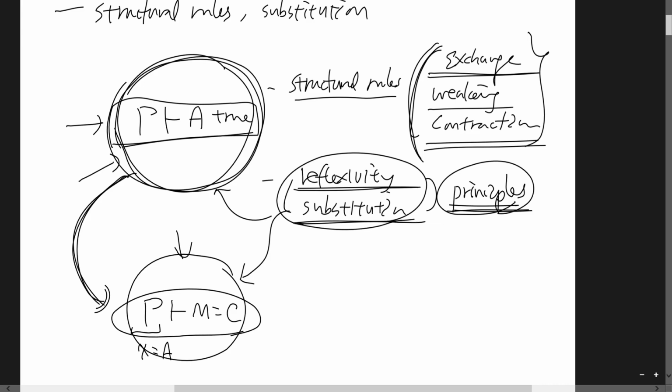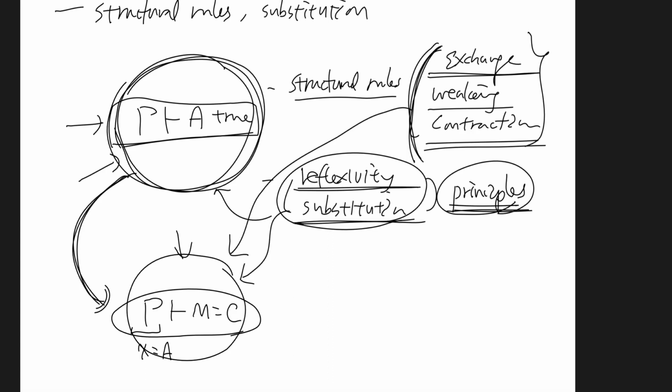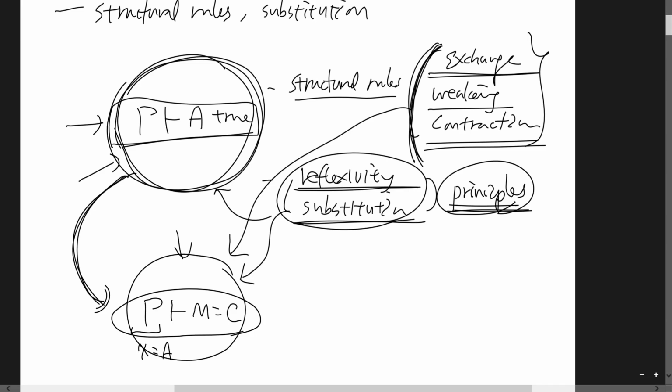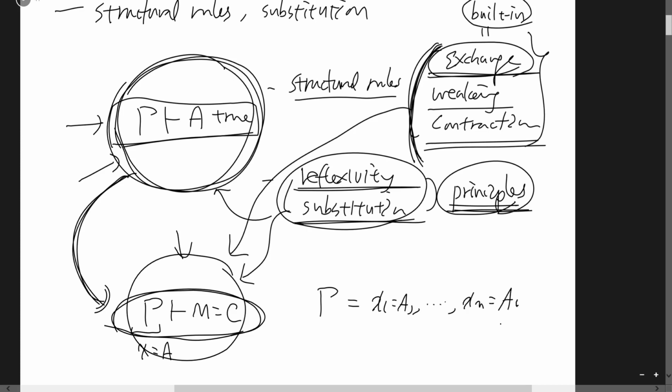On the other hand, for these structural rules, you may choose to include them or exclude them. But in our case, we decided to include all of them. For example, let's assume that exchange is built in the use of this typing judgment, which means that if gamma is a collection of x1 : A1 through xn : An, we assume that this exchange is built in.